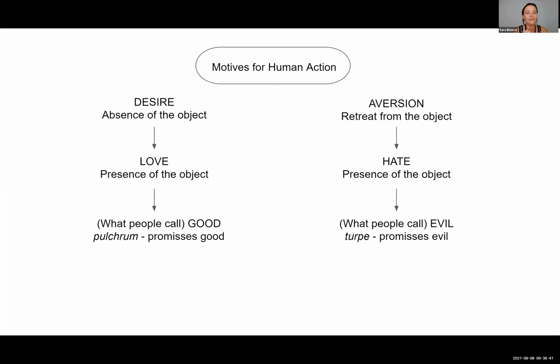All right. So he also talks about pulchrum and turpe, which are two Latin words, and it's also about the promises of good and the promises of evil. So it's not like he thinks that people are just looking to satisfy their desires and avoid their aversions on an immediate scale.